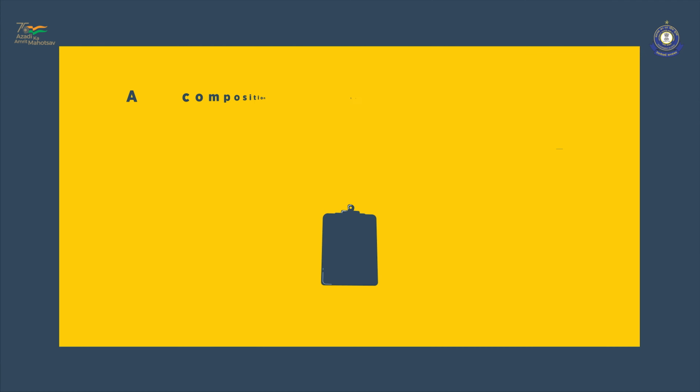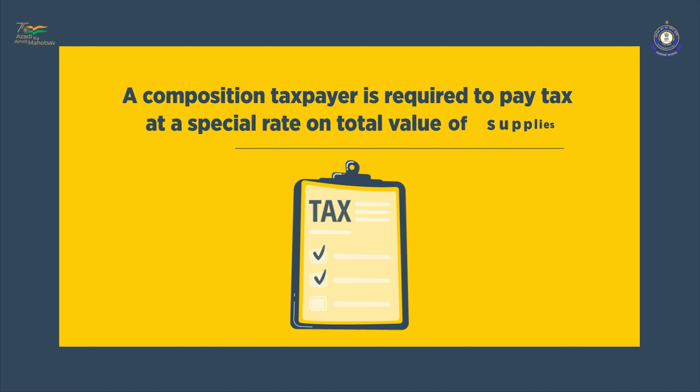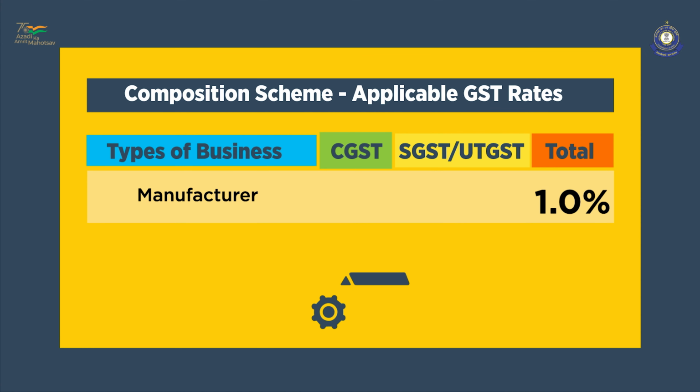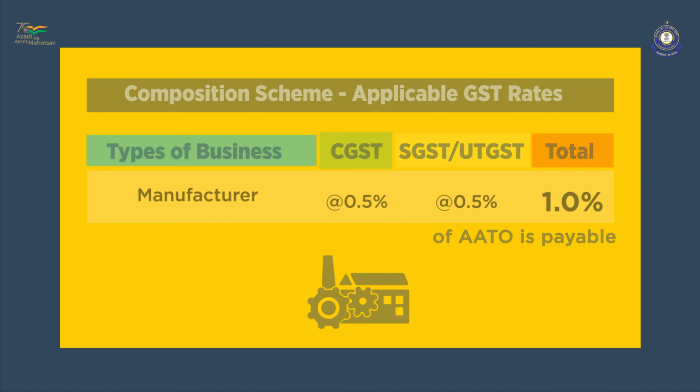A composition taxpayer is required to pay tax at a special rate on total value of supplies. For an eligible manufacturer, tax at rate 1%, 0.5% CGST and 0.5% SGST or UTGST of annual aggregate turnover is payable.